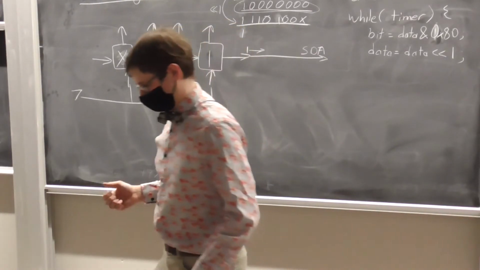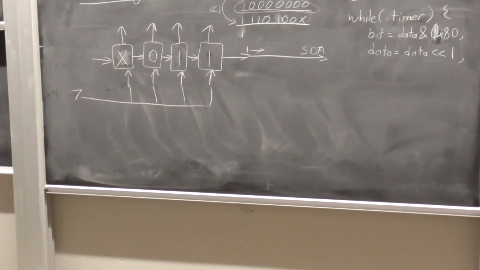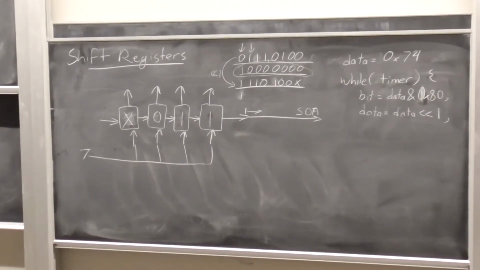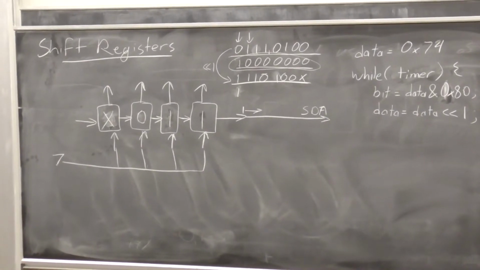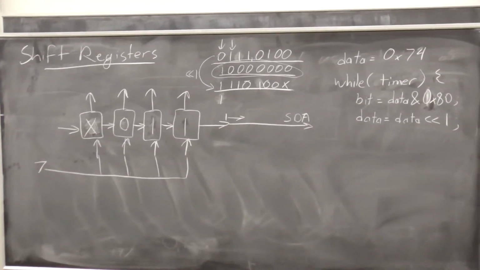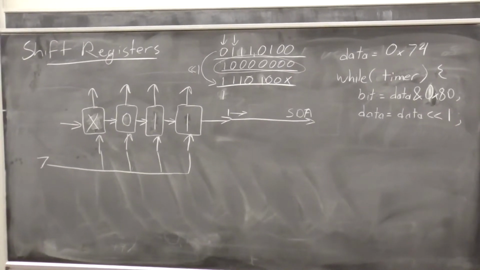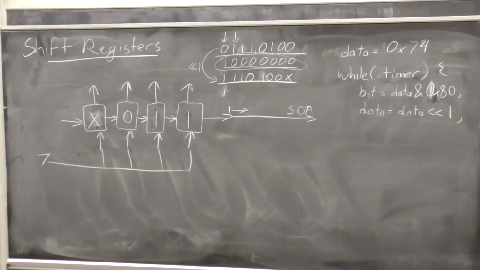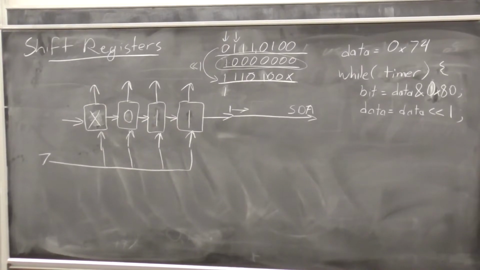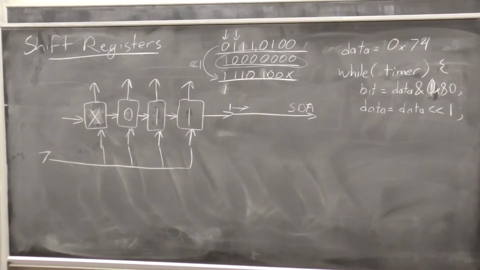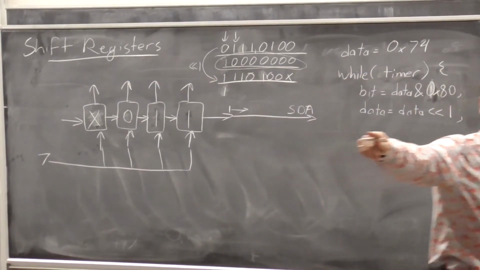Let's say that instead you just went 8 straight to the peripheral device. That would be a lot more expensive, but a lot faster. But this shift register allows it to just send things out to a bus so that everybody can listen to it and not just the one thing that you're connected to.